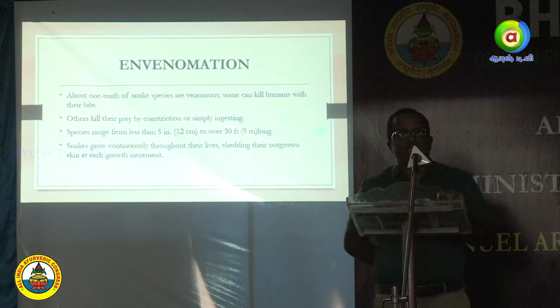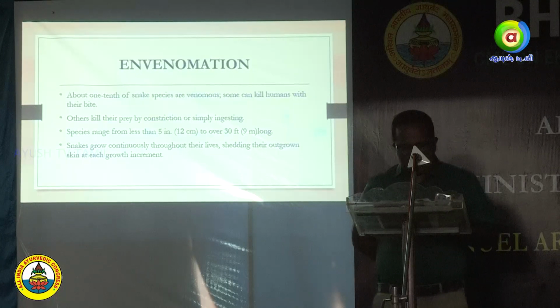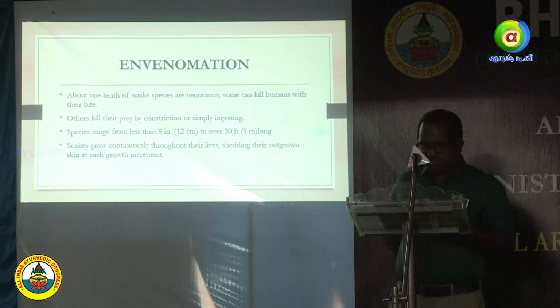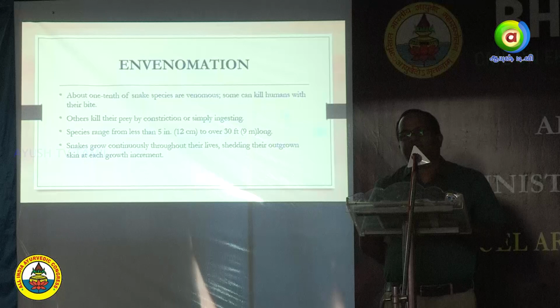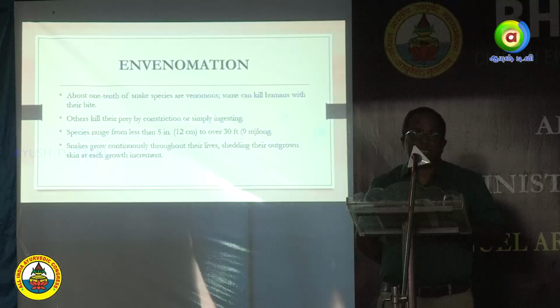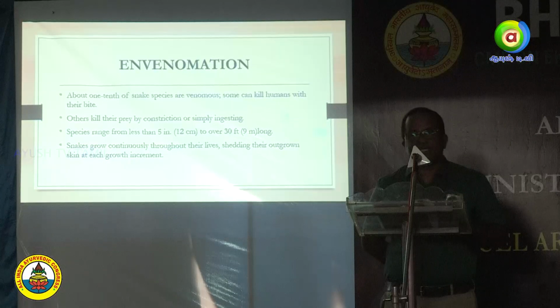Then what is envenomation? Envenomation is an injection of a venom from an organism, from an animal to humans. About 1/10 of the snake species are venomous. Some snakes can kill a human by a mere bite itself.